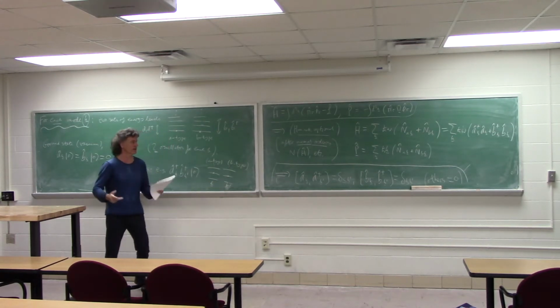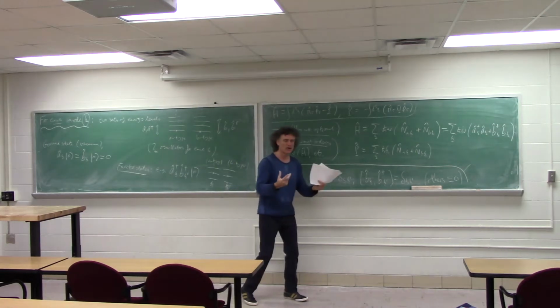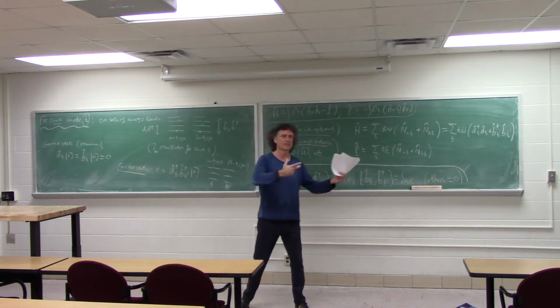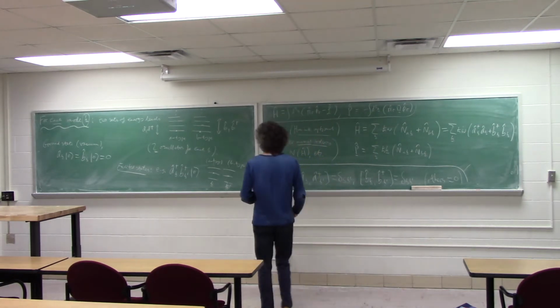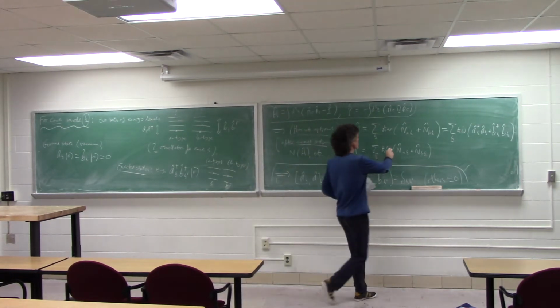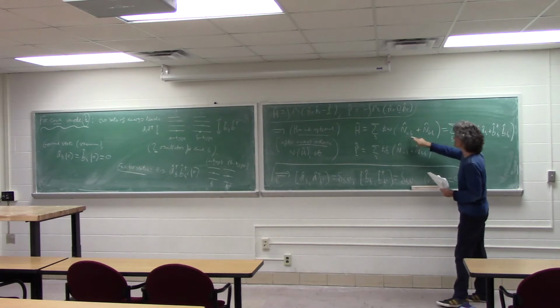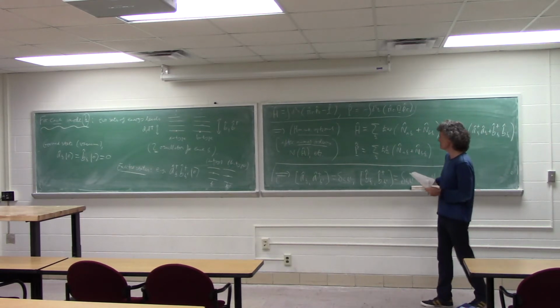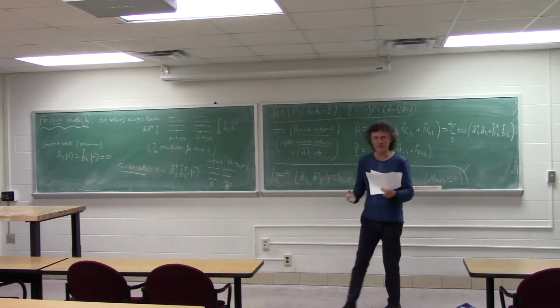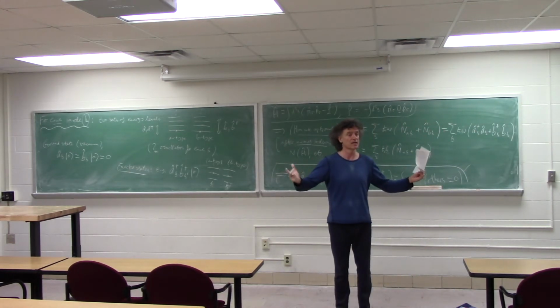I've got a particle of this momentum and a particle of this momentum, and the total momentum is the sum of the two. Similarly, the energies add: the total energy is the numbers of these so-called particles present times their energies. So there are two types of particles here.